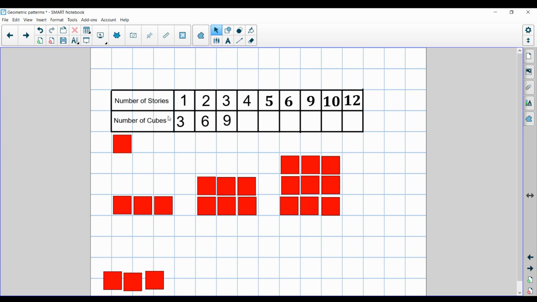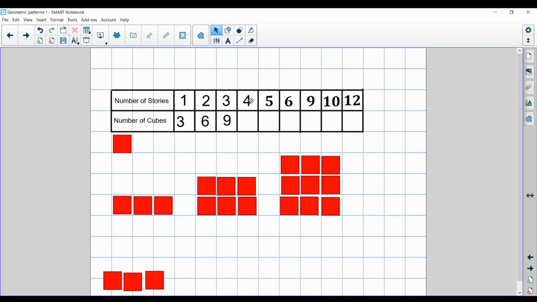Okay, here's a different set. Again, I have stories of blocks: 1 story, 2 stories, 3 stories. This time, the number of cubes I add is the same each story. Here I have 3 cubes in 1 story, 6 cubes in 2 stories, and 9 cubes in 3 stories.